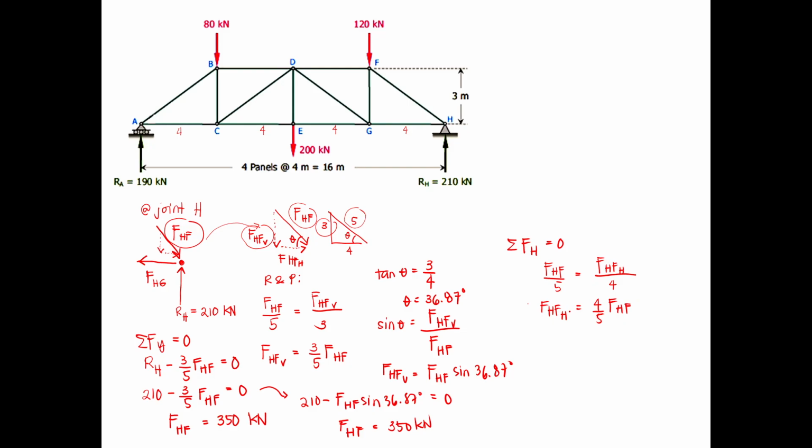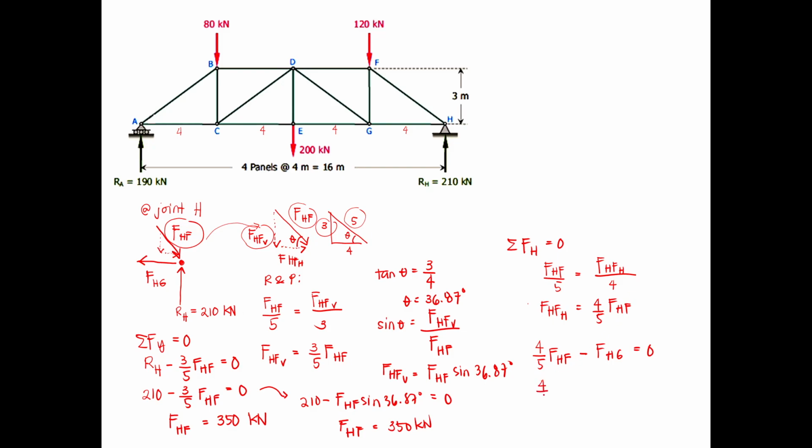All right. So again, in formula, this one is going to the right, so that is positive 4/5 HF. And then minus, because the force of HG is going to the left, that's in tension, minus force HG equals 0.